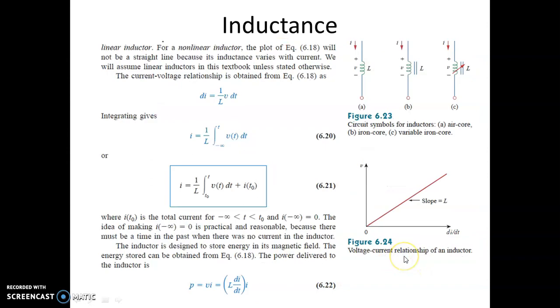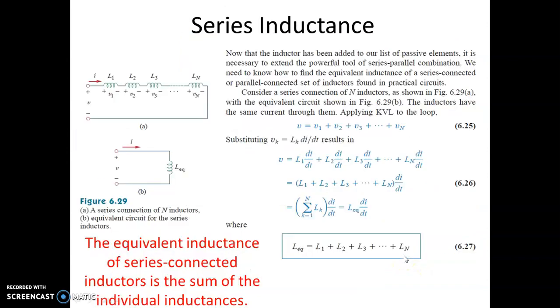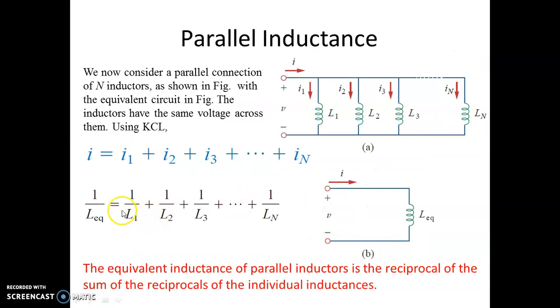The connections for inductance in series and parallel are given here. For series inductance, we add the inductances. For parallel inductance, we take the reciprocal of the sum of reciprocals of the individual inductances. This is the formula for finding the equivalent inductance.